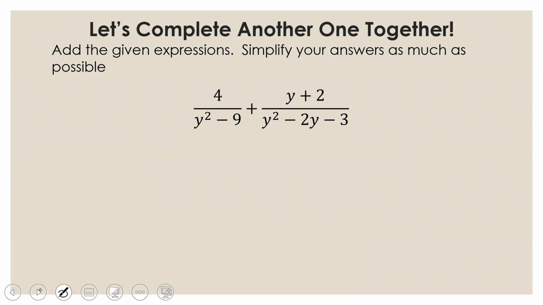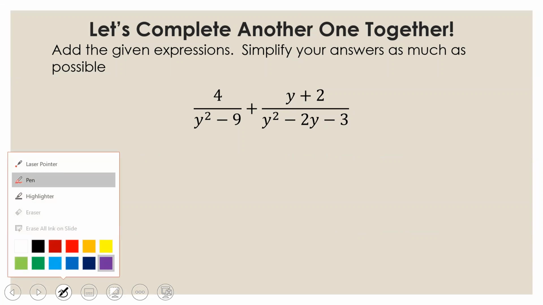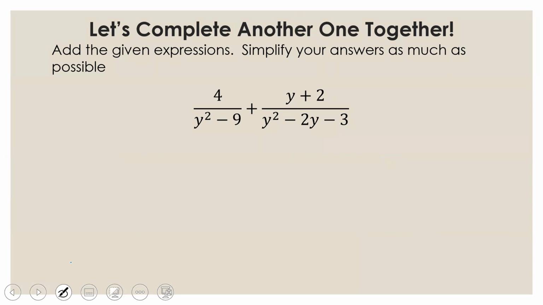Okay, so here we're being asked to add these two terms. And we know, again, to do that, we need to have common denominators. We've already found that common denominator. We know for both of them, it's y plus 3 times y minus 3 times y plus 1. And the first term here has become 4 times y plus 1 all over all of that stuff.